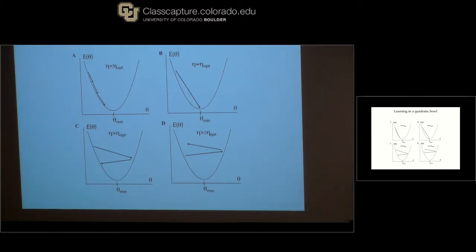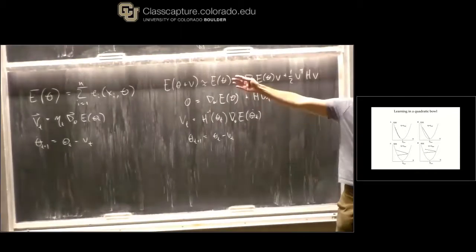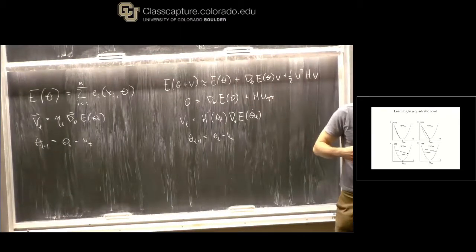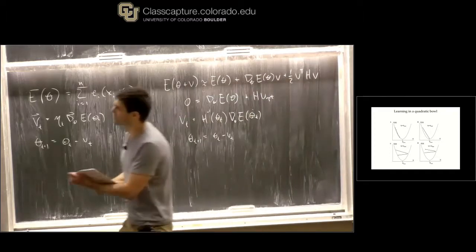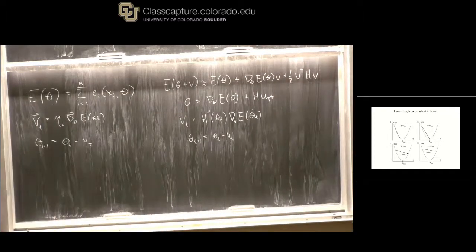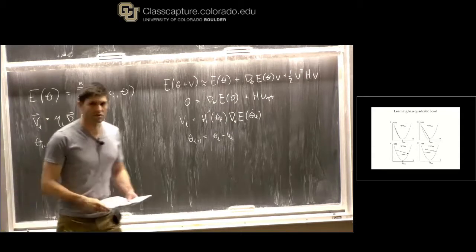In one dimension, it's fairly simple. It's more complicated when you have many dimensions, because now you have different curvatures in different directions, and you're in trouble because the spectrum of the Hessian, as I was saying, has some very large eigenvalues and some very small eigenvalues. You're sensitive to the largest one.